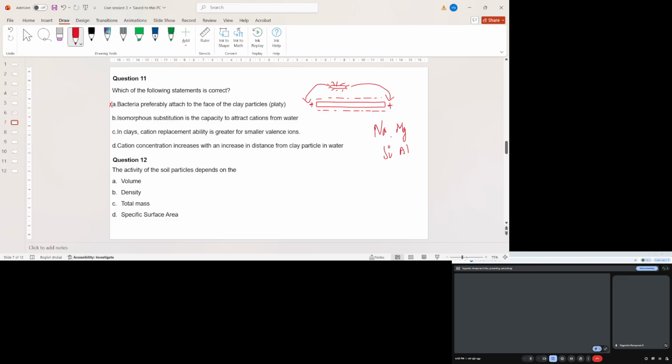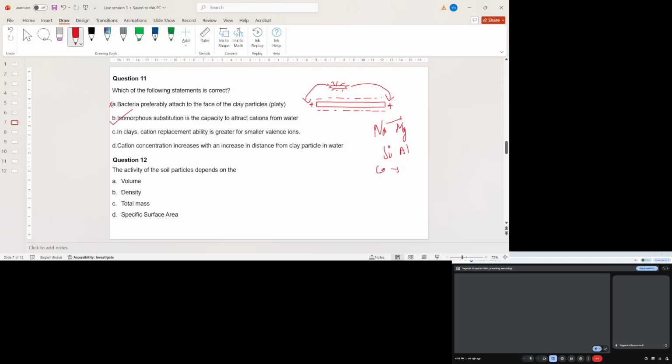When sodium is present, it is known as sodium montmorillonite, and if calcium is present, it is known as calcium montmorillonite. Silica and aluminum are interchangeable in some minerals. I'm not going into these micro details, but this replacement of cations by similar sized cations is termed isomorphous substitution. So this statement is right.